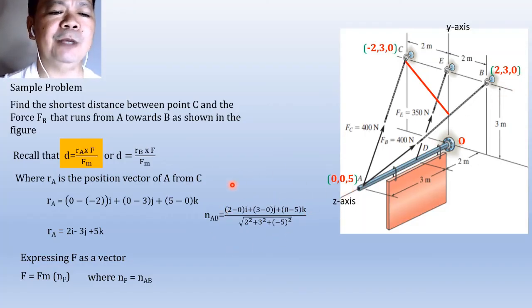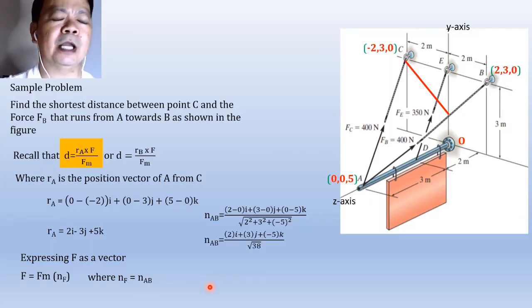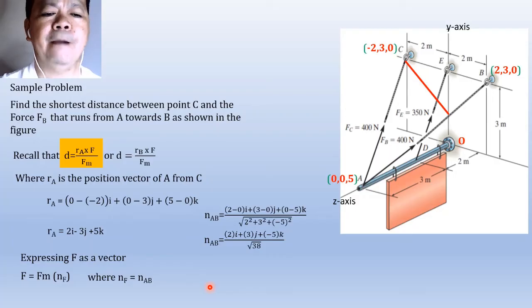So when this is simplified, we have the direction of AB equal to 2i plus 3j minus 5k over the square root of 38.